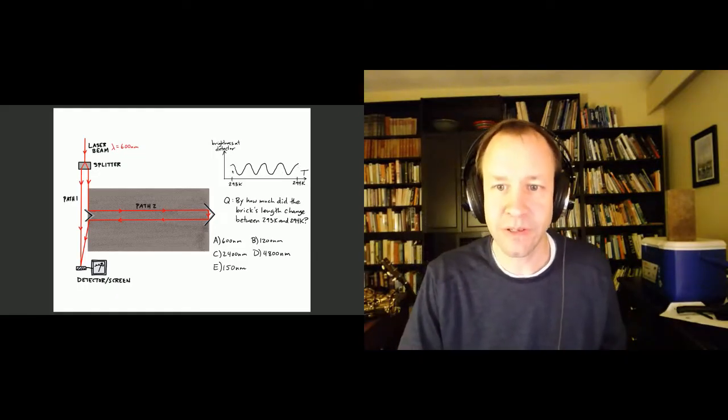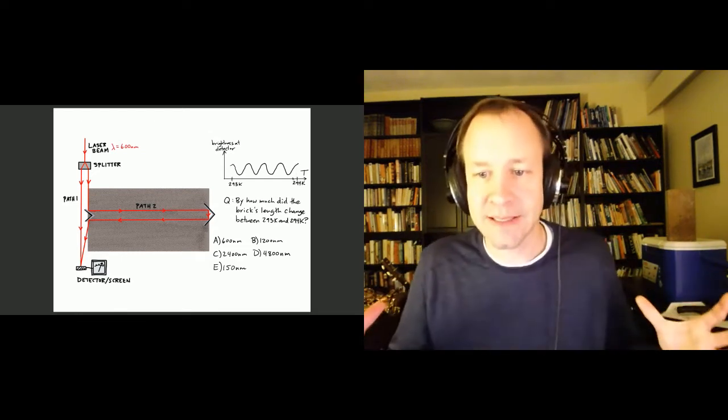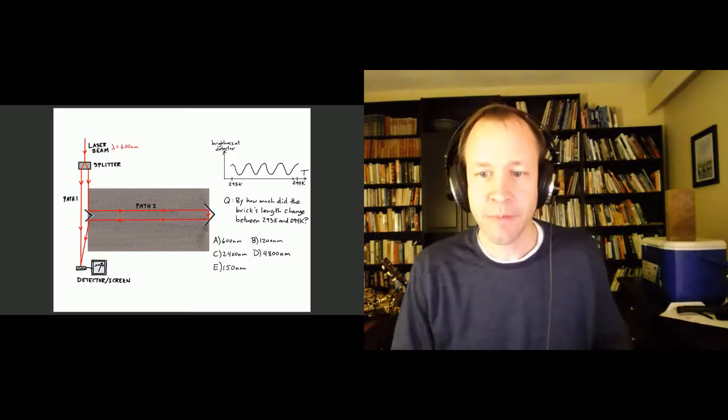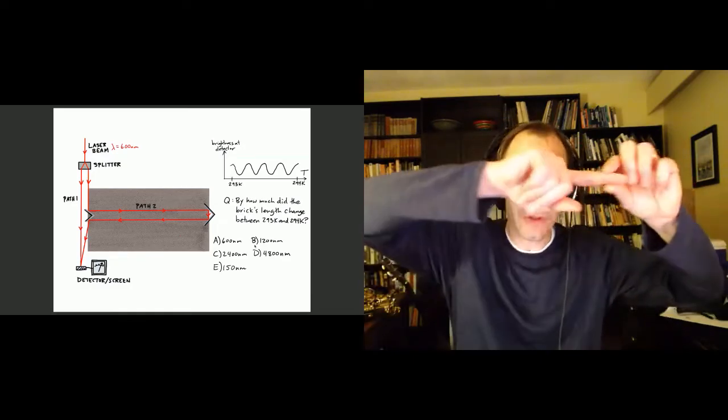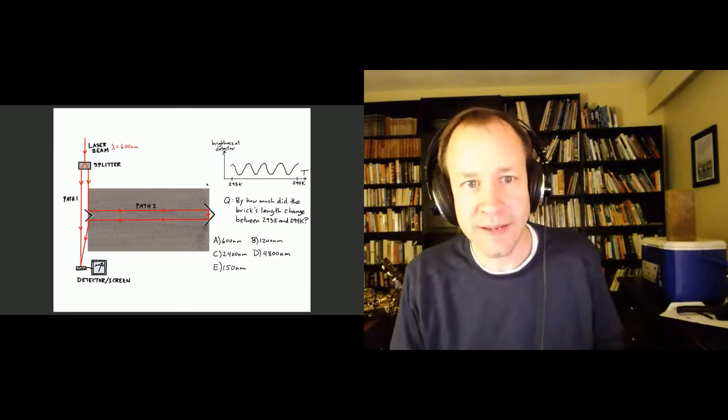So going from 293 Kelvin to 294 Kelvin, the brick's length is going to change by 1200 nanometers. Okay, and so that's how we could explain this. The brick changes by 1200, so path number 2 gets longer by 2400. That's 4 wavelengths, and that's why it goes up and down 4 times.